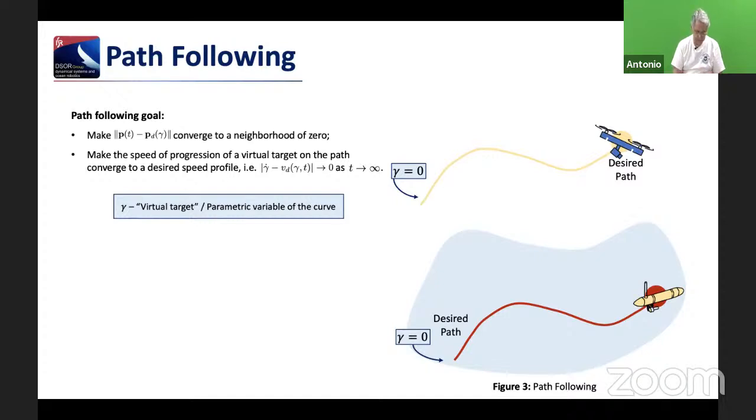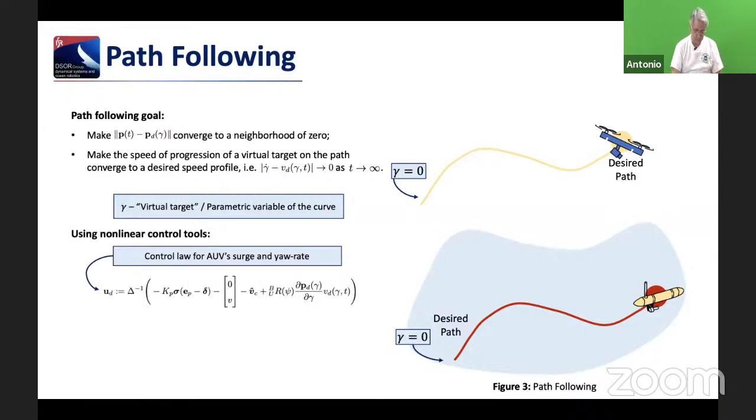There's a mathematical way of expressing this. I'm not terribly interested in this at this point. Essentially, you have to make the distance between the true position and the desired position converge to 0. And also you want to do this at the desired speed. D stands for desired, okay?